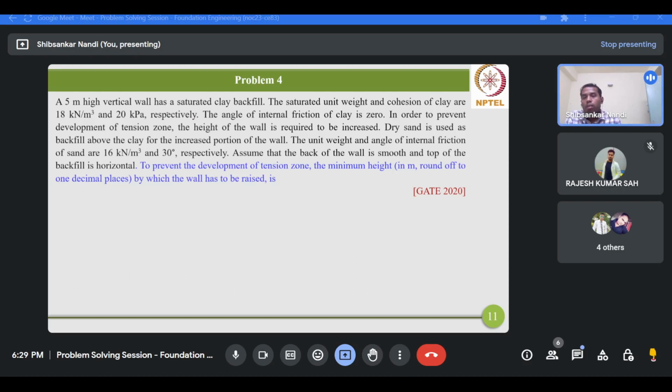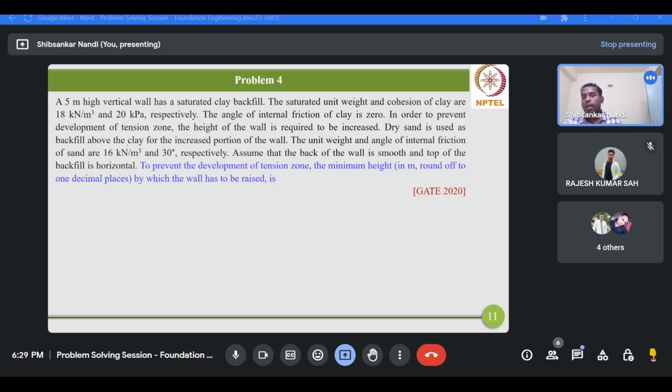So this is a 5-meter high vertical wall, and this is having a saturated clay backfill. The saturated unit weight and cohesion of clay are 18 kilonewton per meter cube and 20 kPa respectively. The angle of internal friction of clay is 0. Now, in order to prevent development of tension zone, the height of the wall is required to be increased.